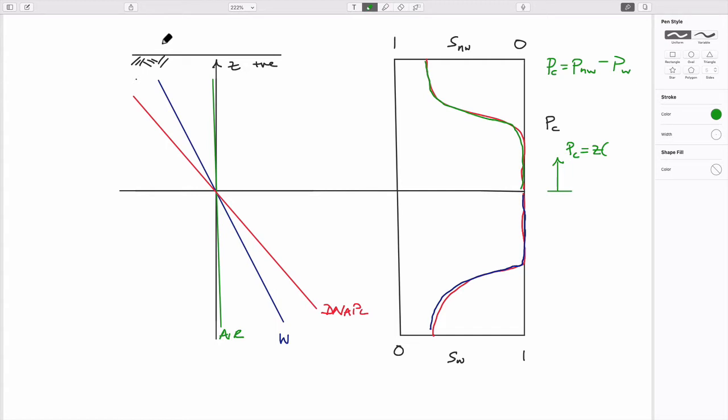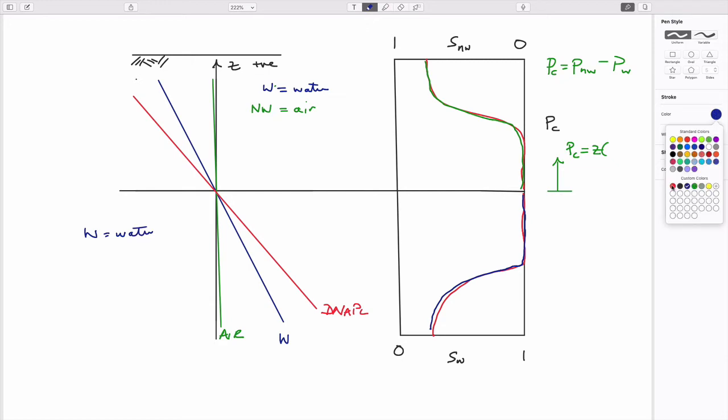So here the wetting fluid would be water, and the non-wetting would be air. Blue, I guess, right? And below here, the wetting would be water, and the non-wetting would be the NAPL.